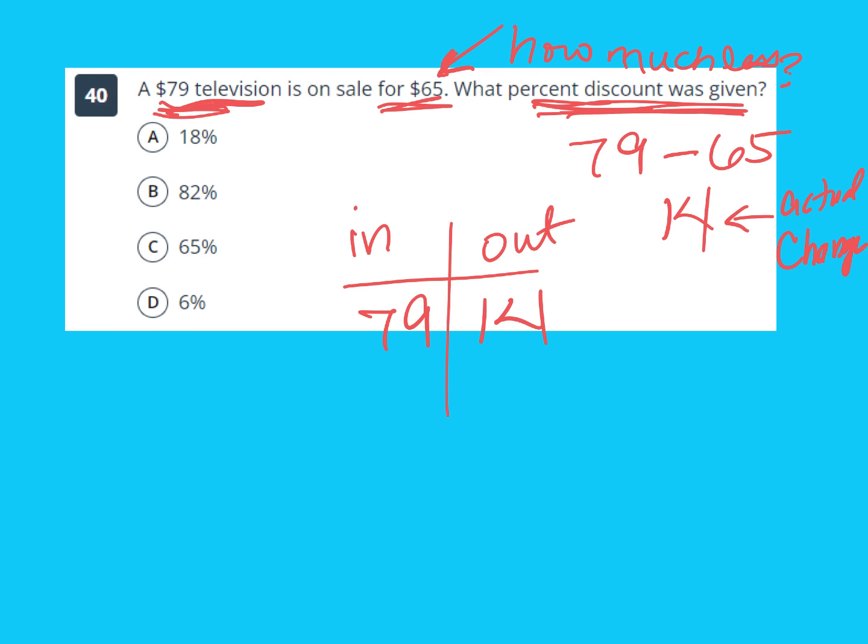I'm going to divide 14 by 79, which equals 17.7, or 17.72. What percent discount was given? Well, we already have to look at this. They rounded it to the ones place. So there's my answer, 18%.